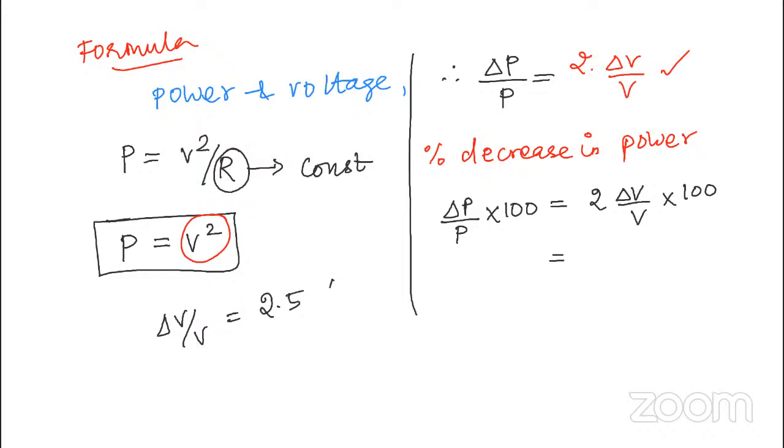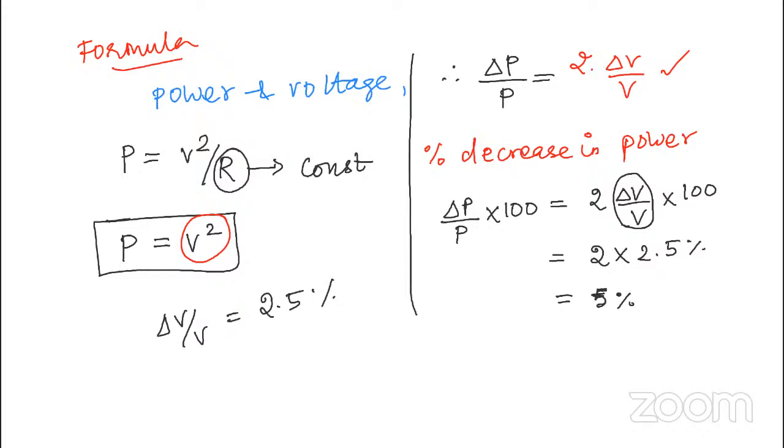So we write delta V by V order value as 2.5%, and multiplying it by 2 we get 5%. So the power should decrease by 5%.